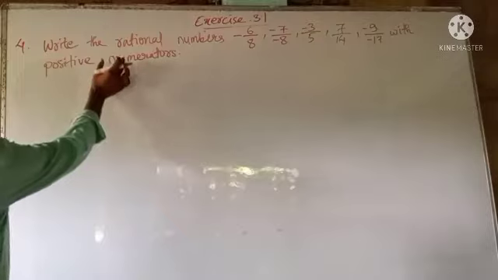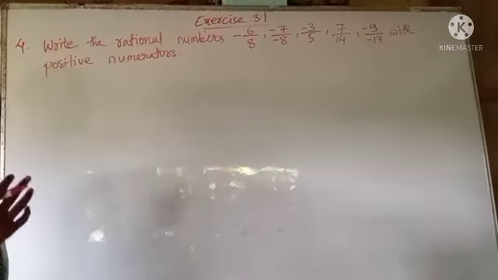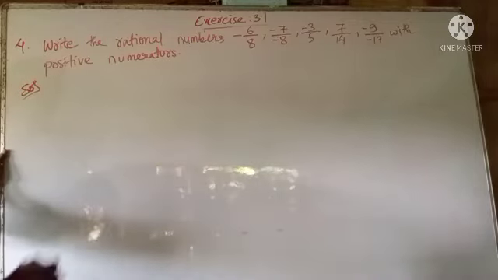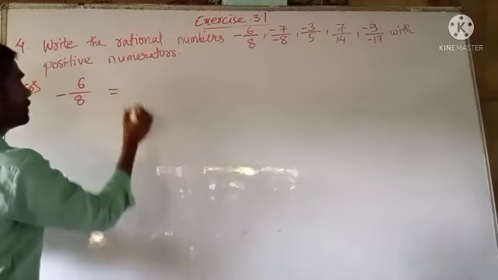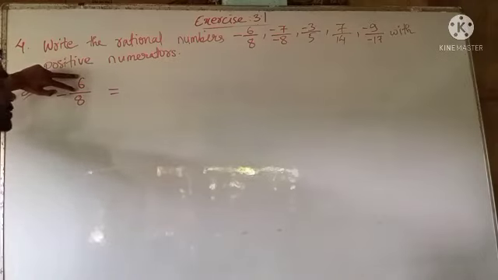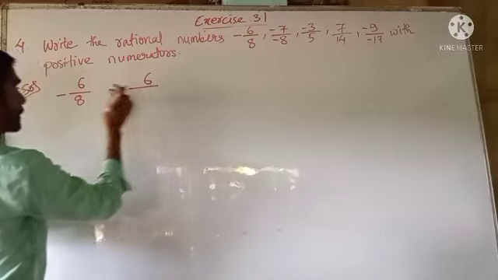So here numerators should be positive. That means the numerators should contain a plus sign in it. Alright. So minus 6 by 8, that one with positive numerator. How can we write? Whatever is in the numerator's place should be positive.